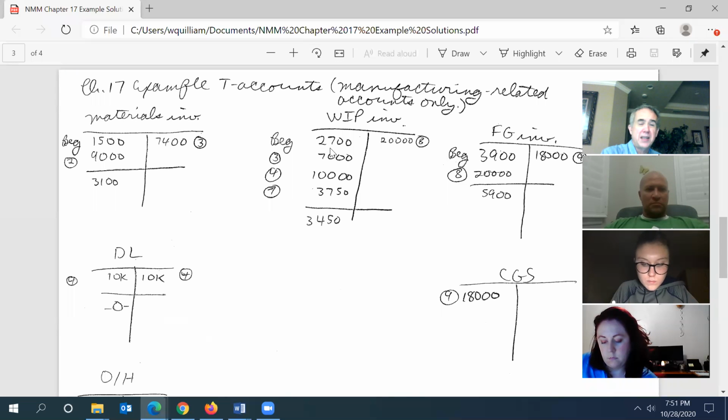Then work in process inventory, the second inventory that we come across in time, $2,700 beginning balance, I put it there as well. Both are on the debit side, normal debit balances, and assets, that's what we expect. Then finished goods inventory, beginning balance of $3,900, again, debit. So those are just in there to start everything off. So no journal entry as such for those.